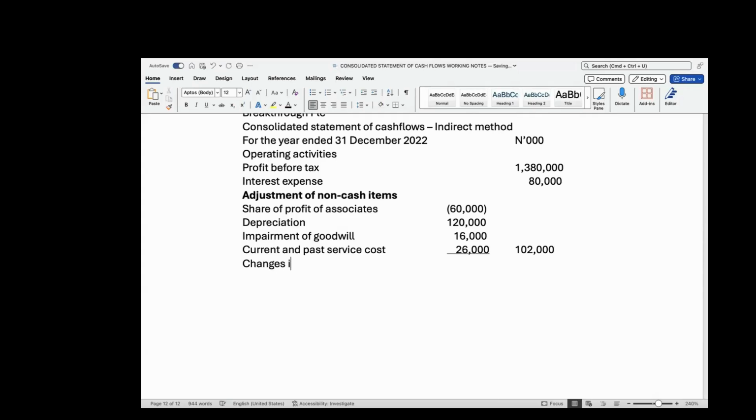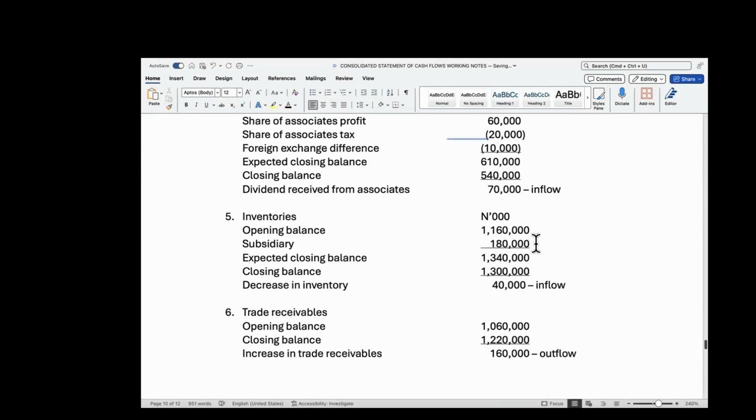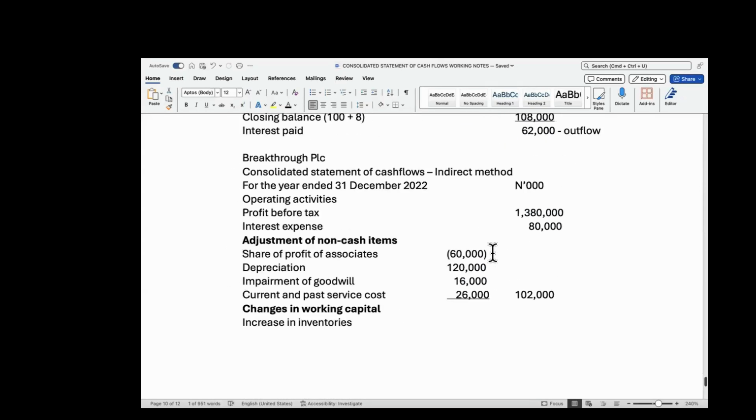Then we do changes in working capital. We had increase in inventories from our workings. This one was a decrease. So decrease in inventory of 40.